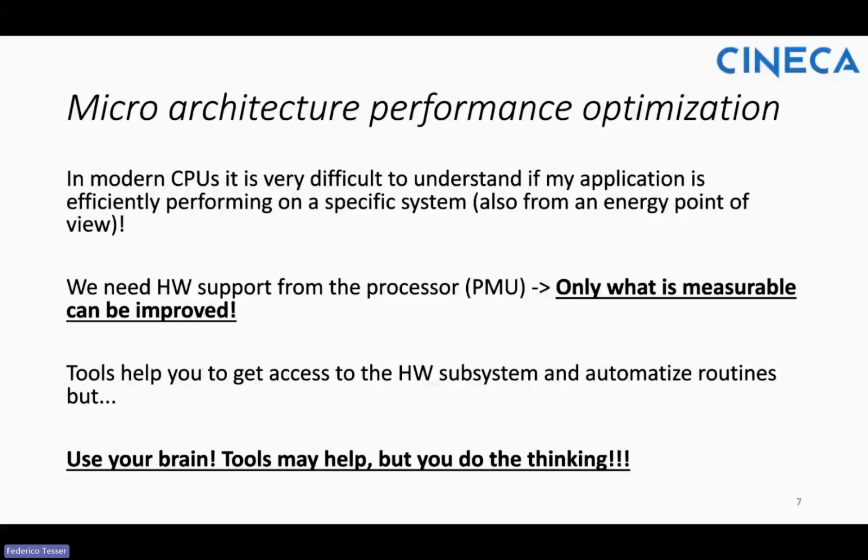You have to deal with different specific things to understand how you are performing. We need support at least from the hardware to be able to read some useful information. The support is given by the performance monitoring unit.